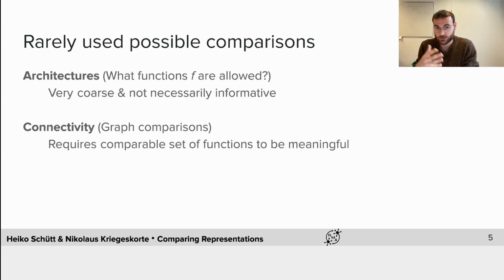So different networks will use completely different computations, and then two nodes being connected means entirely different things. And that breaks basically all the assumptions of graph theory. And that's why this is only applied if you are talking about big bunches of neurons that are all the same and computed in the same way. Then this can be sensible, but it is a very restricted set of comparisons you can make.